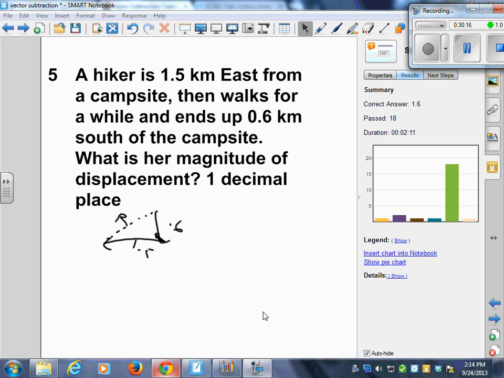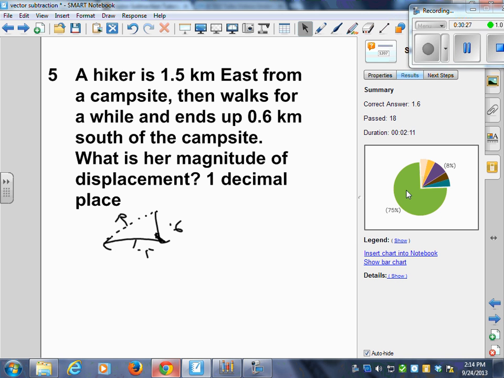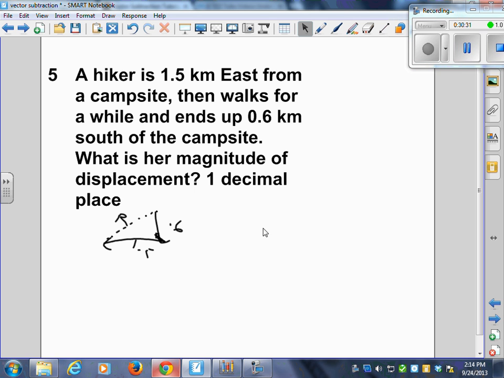Well, we did pretty well. Correct answer is 1.6. Took us 2 minutes though. Some of you may have rounded poorly. Okay, so 1.6, it's 1.5 squared plus 0.6 squared. Take the square root, make sure you round correctly.